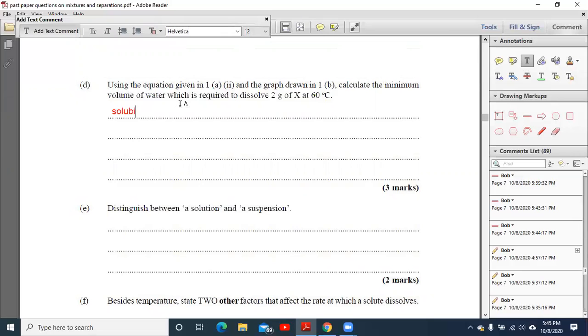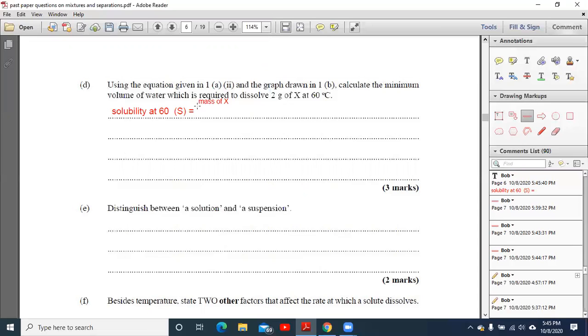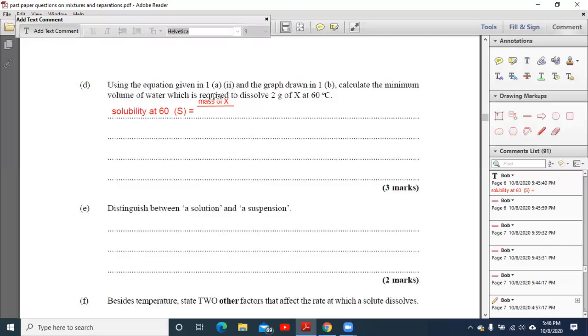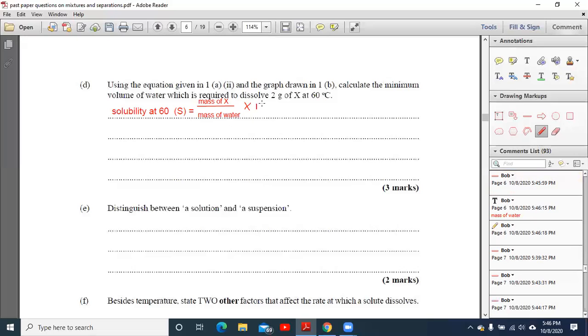Our equation says solubility at 60 degrees Celsius, and we will give that the symbol X, is equal to your mass of X that you use divided by your mass of water that you dissolved in, multiplied by 100.